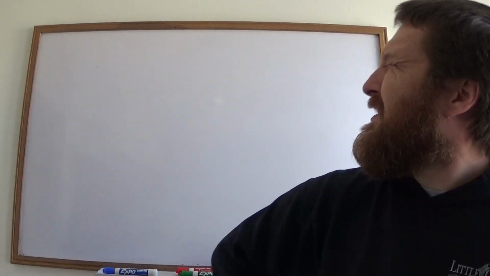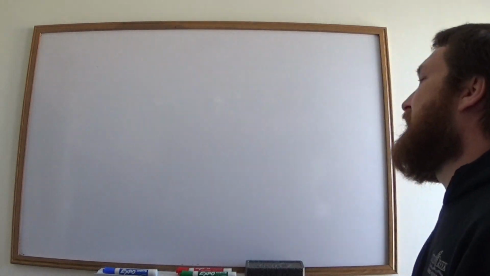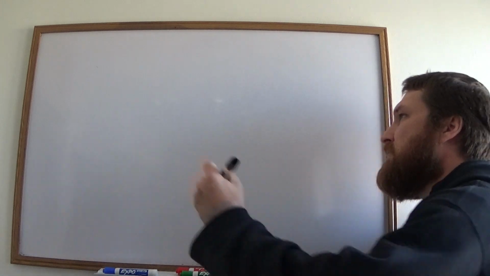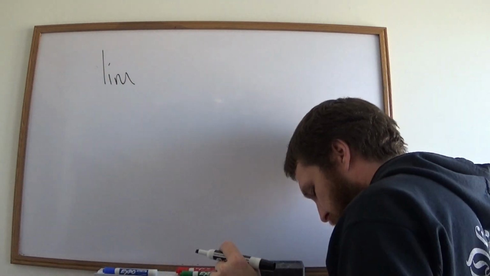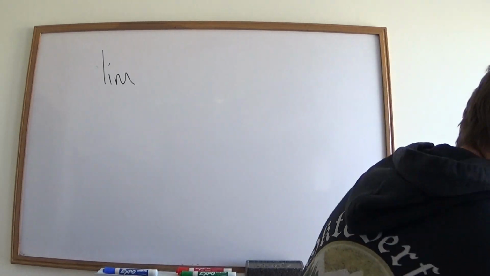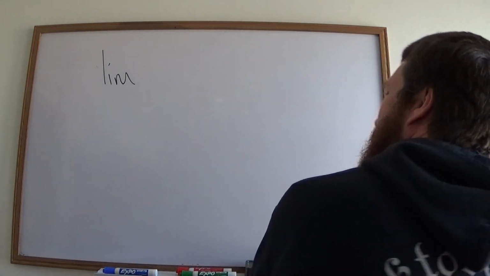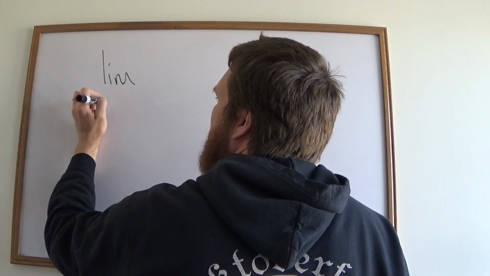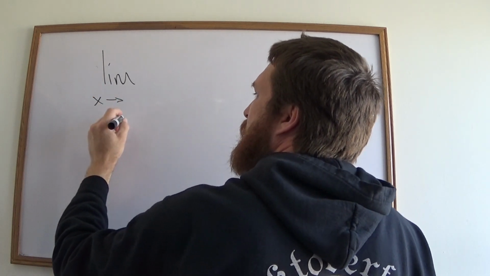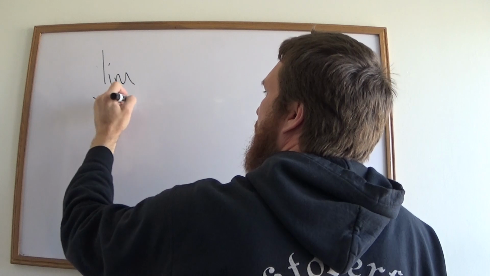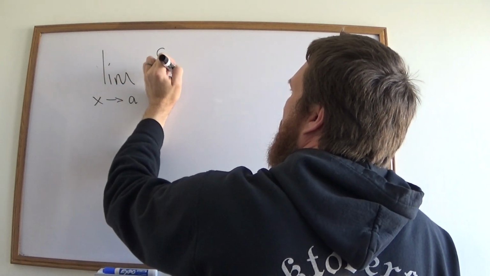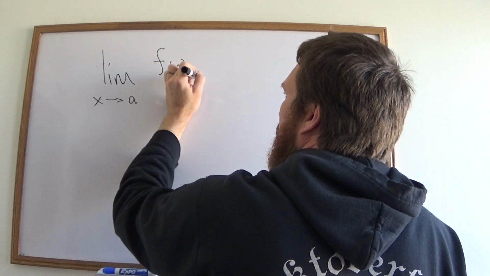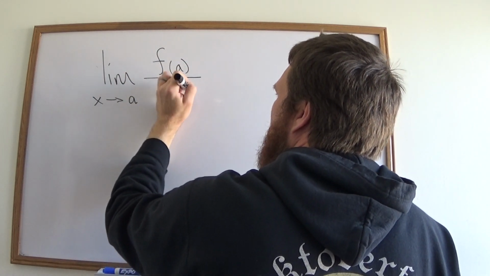Here's another thing. I wanted to say this at the beginning, I forgot about this. Suppose that you have the limit as x goes to a of f of x over x minus a.